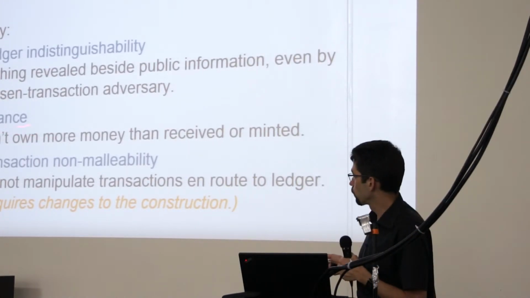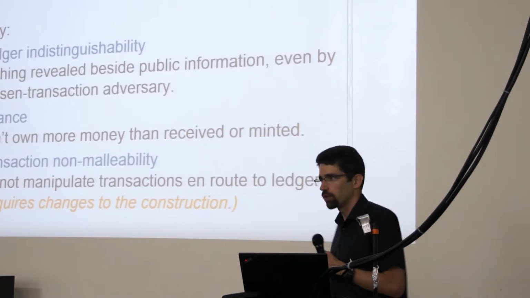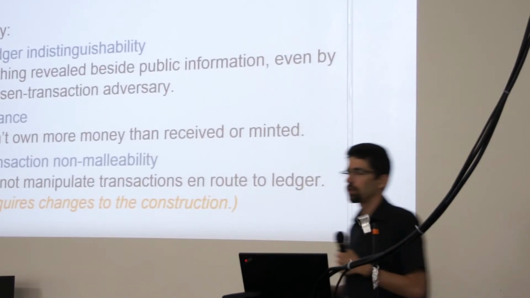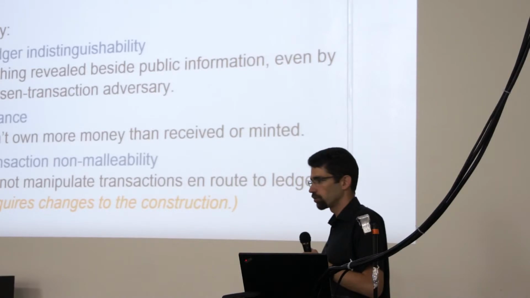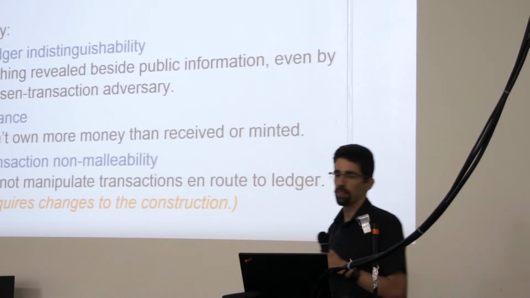The balance property says that the monetary invariant is maintained. So no one can ever own more money than he received from others or minted from the underlying bitcoins by consuming them.